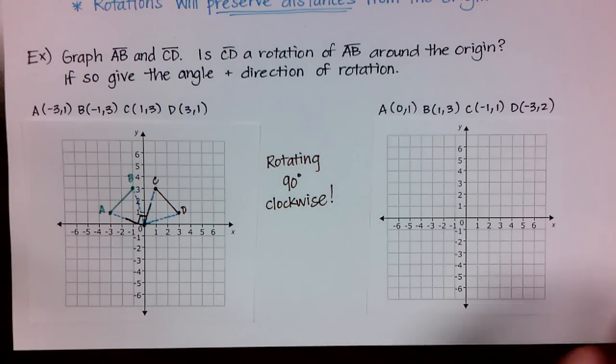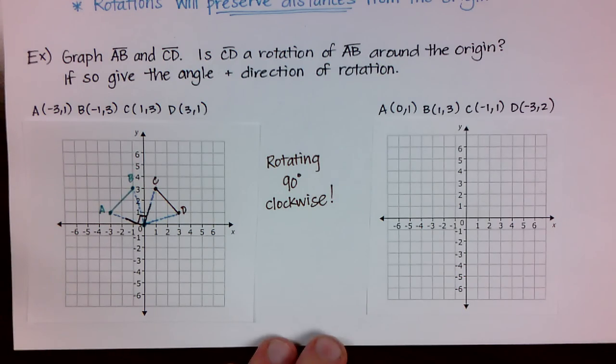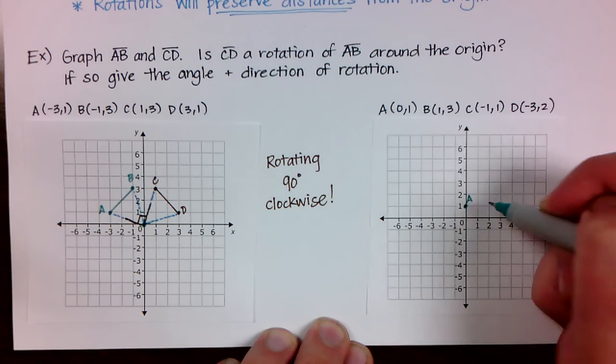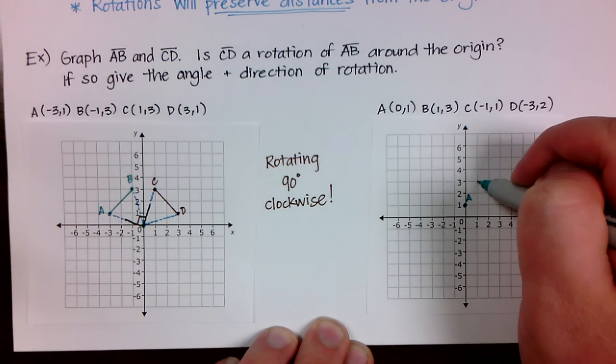Okay, let's go ahead. I was giving you a preview of this last one. The points for this last one are A is 0, 1, B is 1, 3, C is -1, 1, and D is -3, 2. So let's go ahead and plot our first segment, AB. 0 up 1, that's our A, and B is 1 up 3.